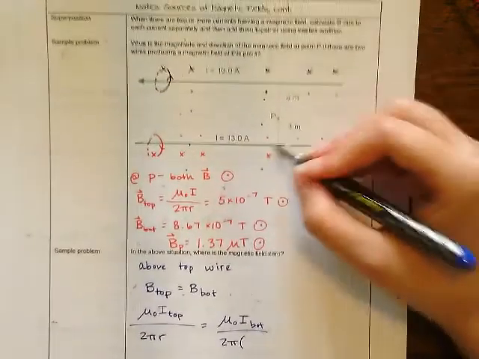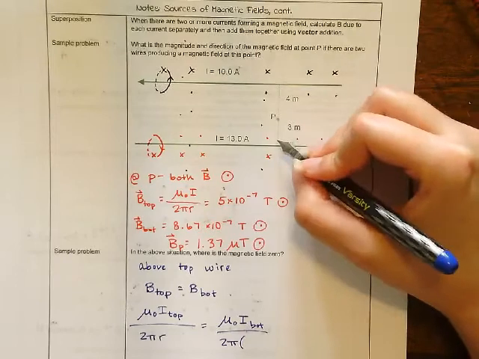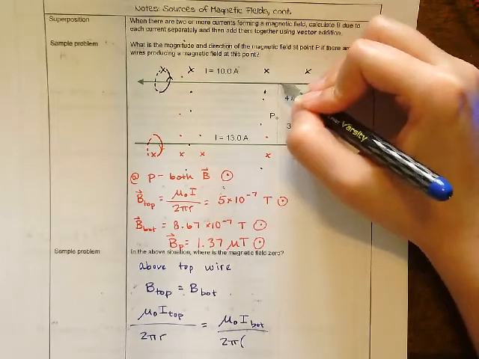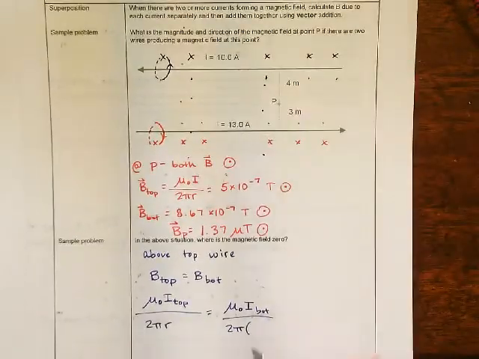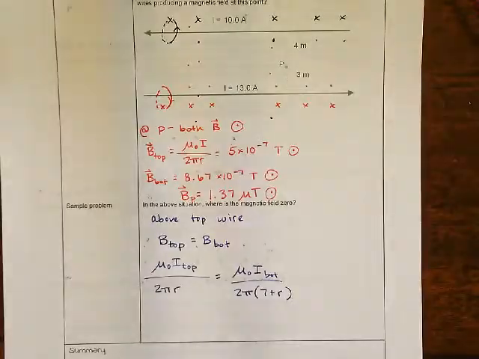And so the total distance that this point is going to be, it's going to be r plus 7, right? r is how far it is away from the top wire, and then plus an additional 7 more to get us to the bottom wire. Okay, and you would just solve that there.